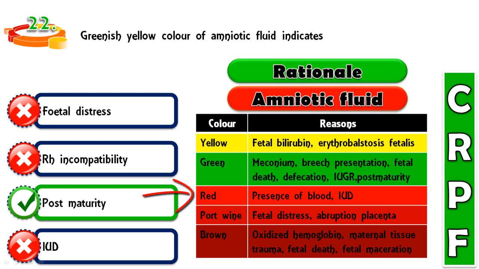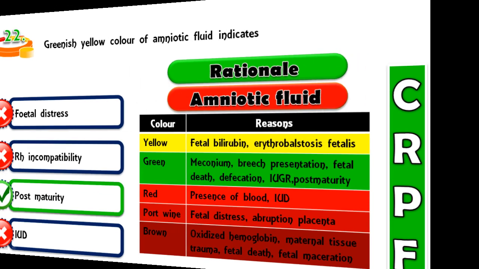Red indicates the presence of blood and IUD, and port wine color indicates fetal distress and abruption of placenta. Brown indicates oxidized hemoglobin, maternal tissue trauma, fetal death, and fetal maceration. So this is one of the important questions on amniotic fluid discoloration.